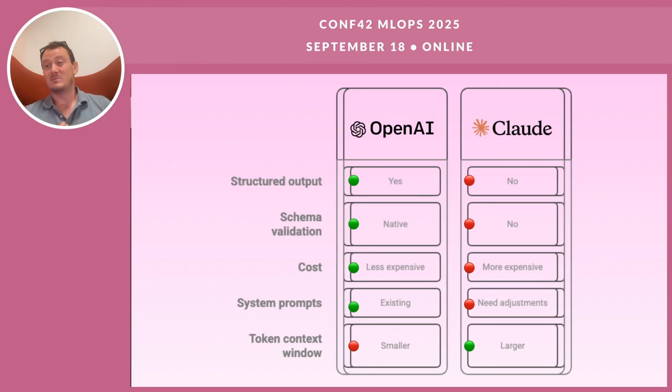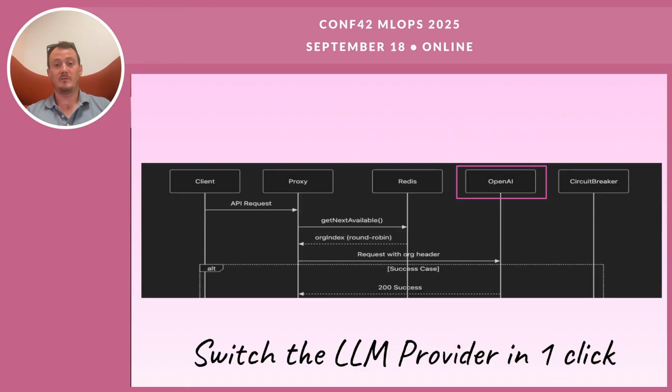And the system prompts are not the same. You can have a prompt and use it in OpenAI and in Claude, and using the same system prompt, you'll get different results. By definition, they're two different models. So you have to adjust the system prompts a bit depending on the provider that you're working with.